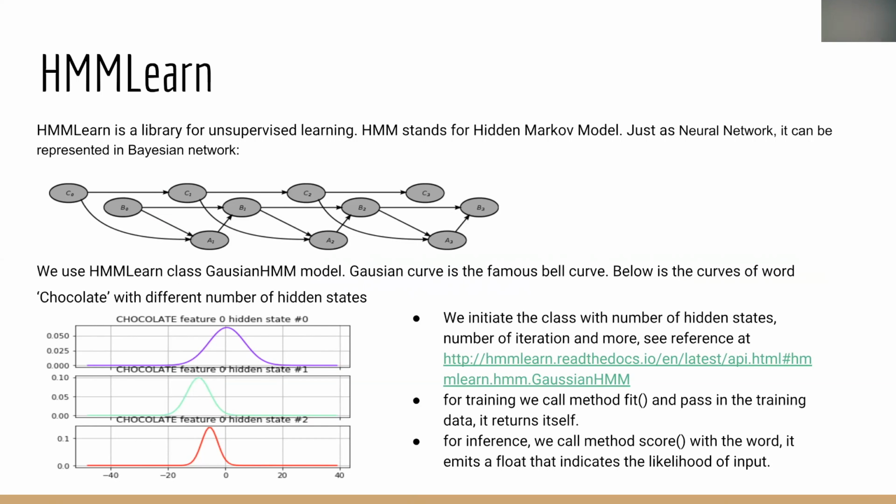This is the Bayesian network representation, and neural networks basically also have this Bayesian network kind of representation. It is the probability from one node, like node C0, what's the probability to go to C1, what's the probability to go to A2.